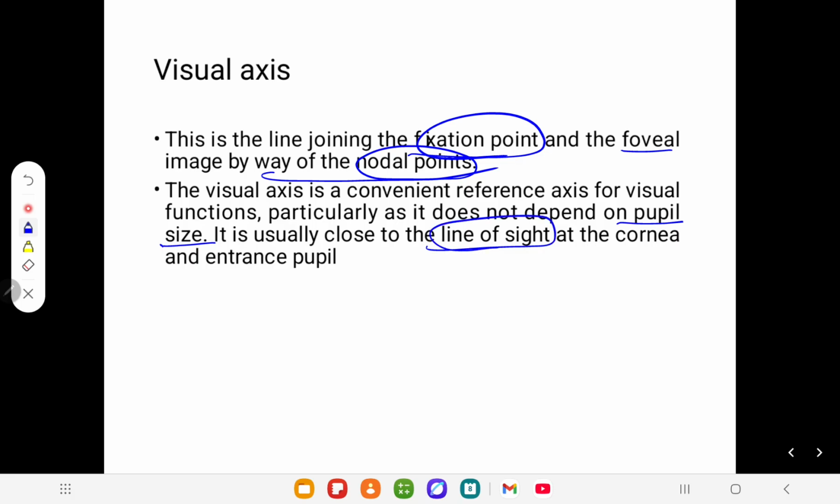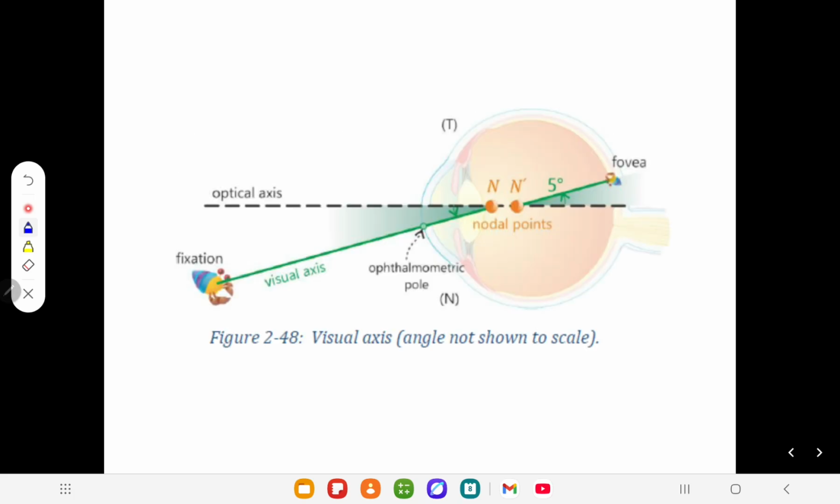Visual axis is not actually a practical thing to approach, so in practice we approach it as the line of sight, because in practice the line of sight is a replacement of the visual axis. Basically, the visual axis is a theoretical construct, not a practical one, because the nodal point changes from one eye to another, isn't it?